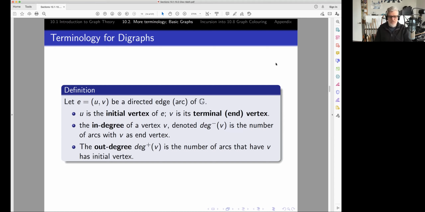The in degree of a vertex v, with notation degree with a minus sign, is the number of arcs which end at v, that go into v. The out degree of v, denoted degree with a plus, is the number of arcs that go out of v, which have v as initial vertex. So it's a bit more refined, less rough than in the case of undirected graphs.